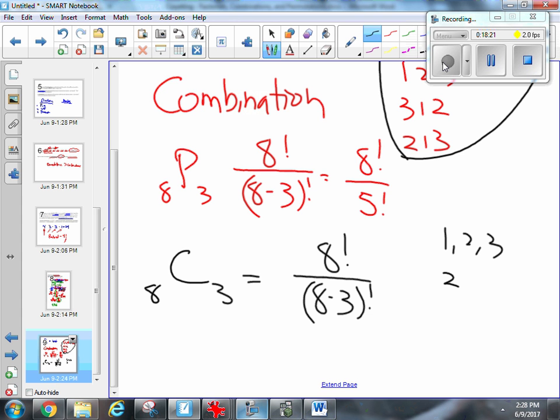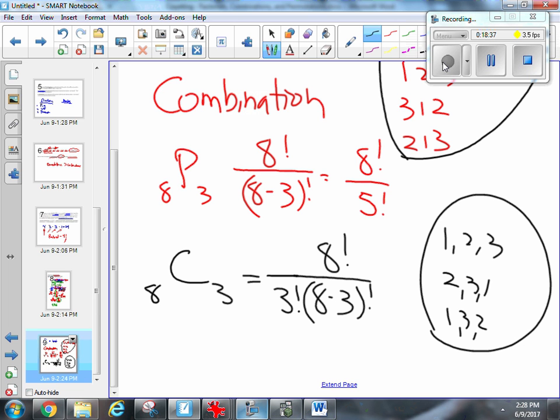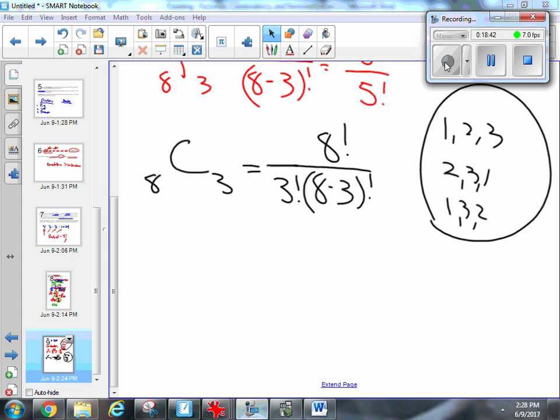It doesn't make any difference to me. So just like I divided the last time, I'm going to divide by 3 factorial. All these different orders make no difference to me at all. And since I'm dividing by another number, it's going to make my number of combinations always less than the number of permutations, which we talked about way in the beginning.